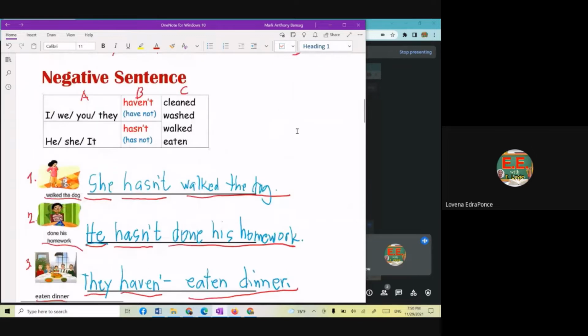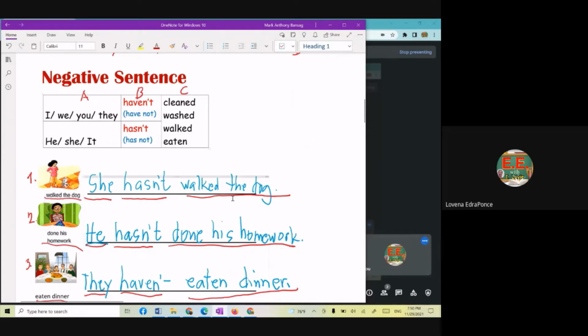Now for negative sentences, we're going to use not. So have not, has not, or haven't, hasn't. Just the same. This is our A, our subject pronoun, and then our verb and our actions. This one is she. She has. So she hasn't.